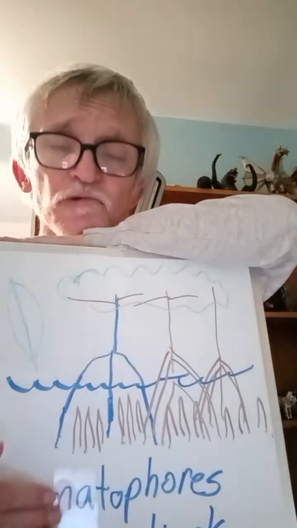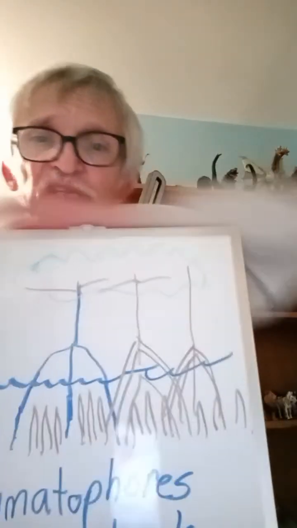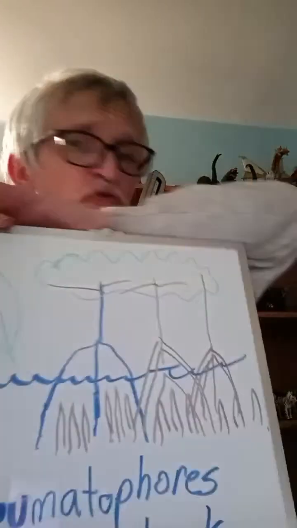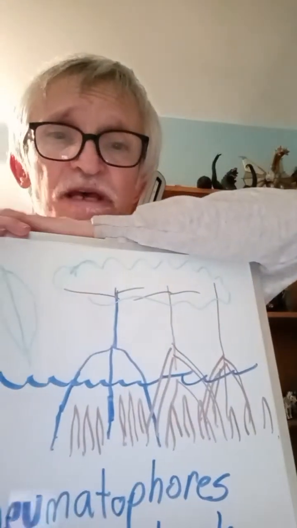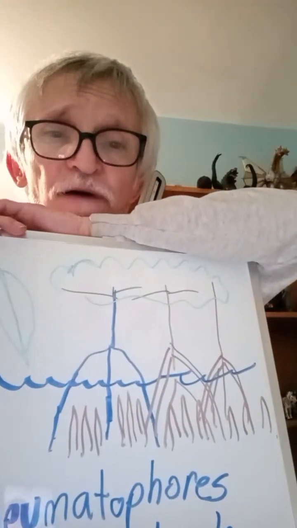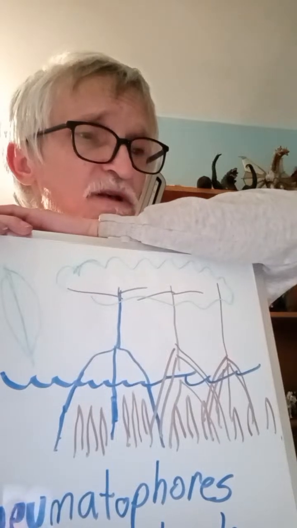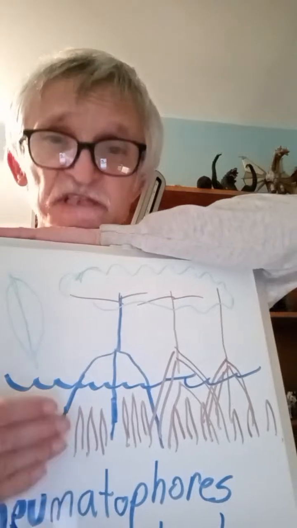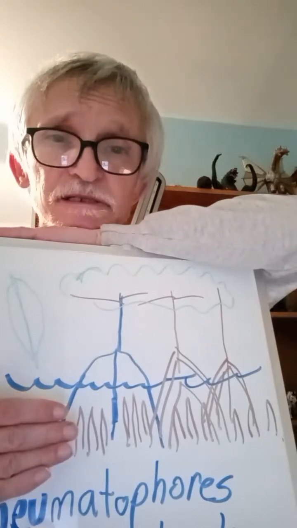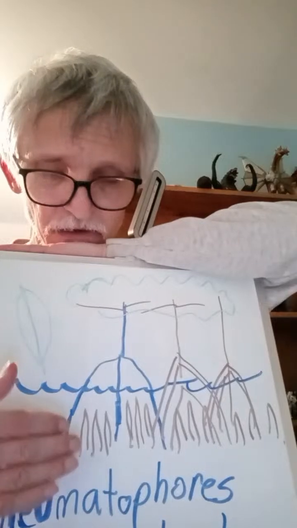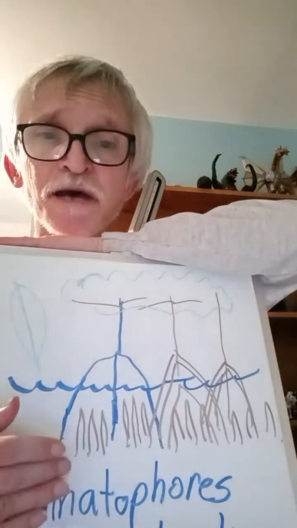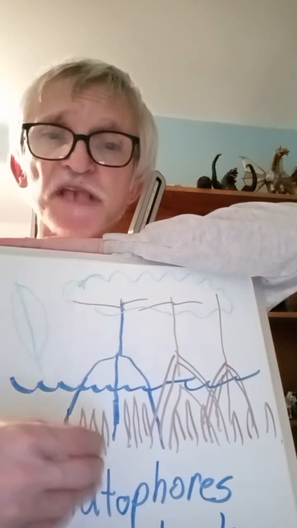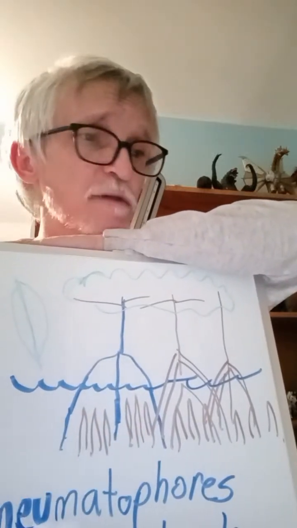Now, those roots that I mentioned, you can sort of see they're all intermingled. These guys provide a place for animals that don't normally have a place to live, such as sponges and sea squirts, mussels, clams, oysters, whatever might be out there that could settle on a hard surface, they provide it.